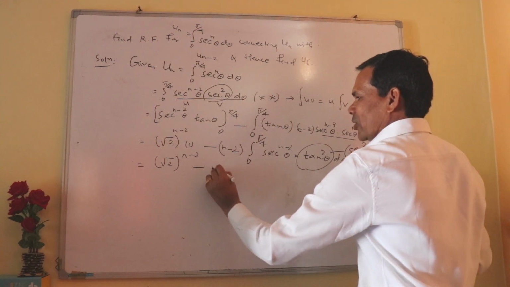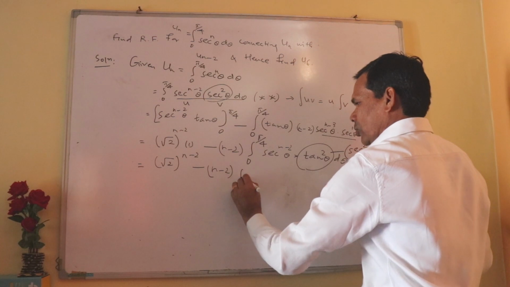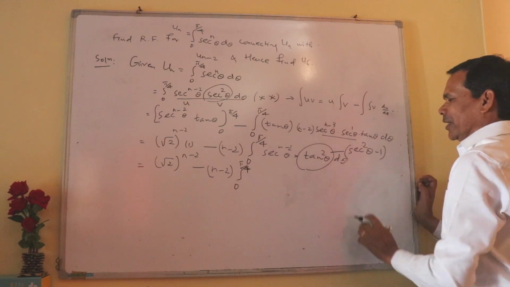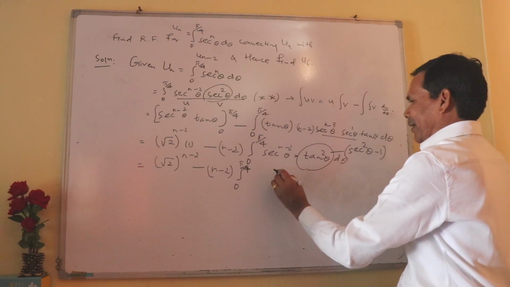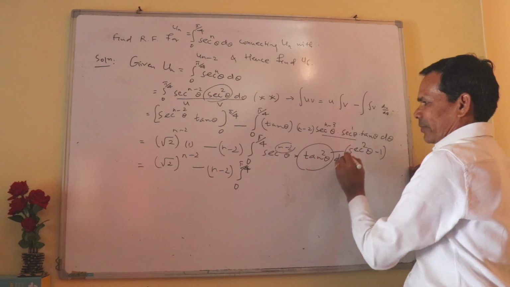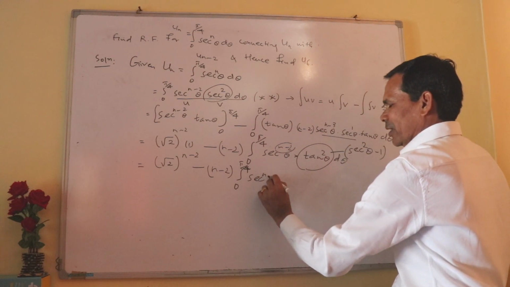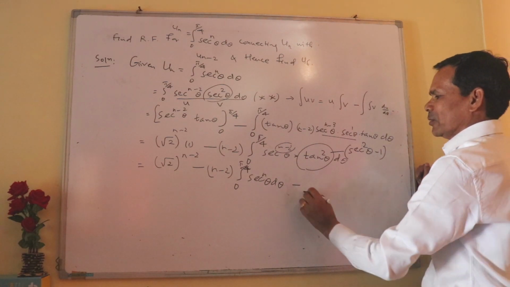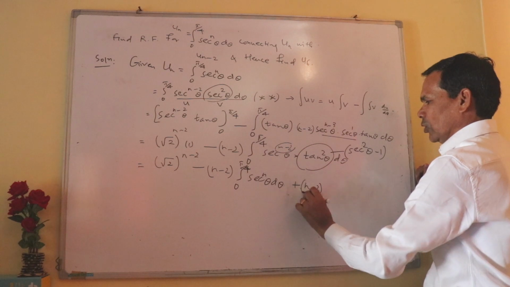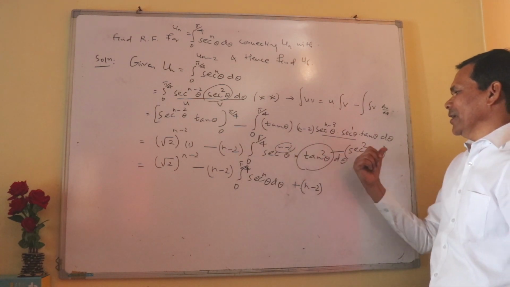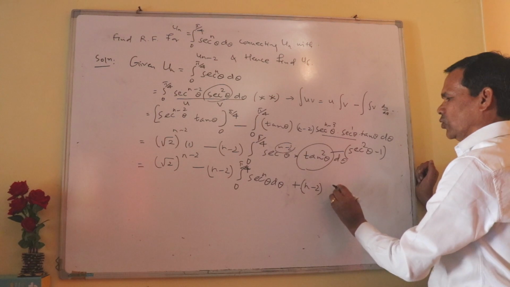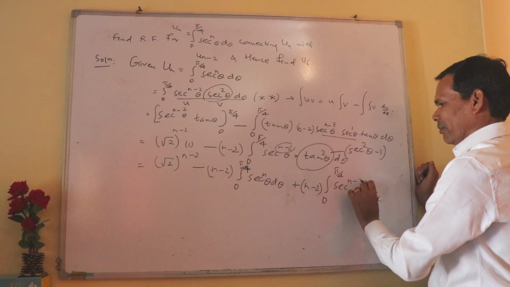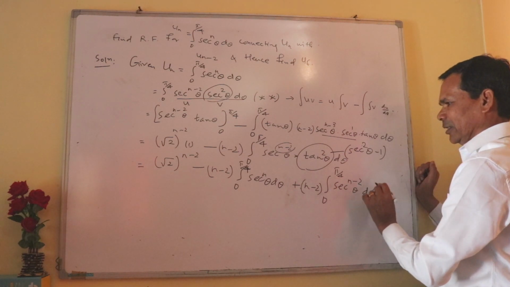So on simplification you may be getting this as 0 to pi by 4 sec raised to n minus 2 into sec square, which means sec raised to n theta d theta, and minus minus plus, you are getting n minus 2 times the integration 0 to pi by 4 sec raised to n minus 2 theta d theta.